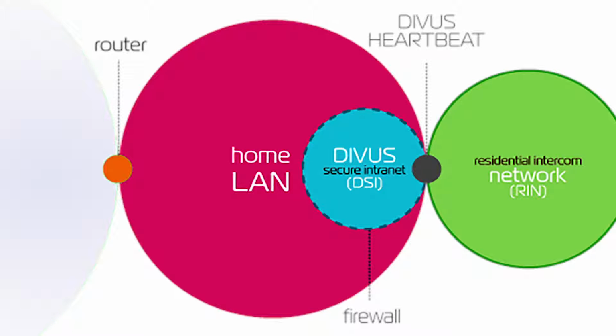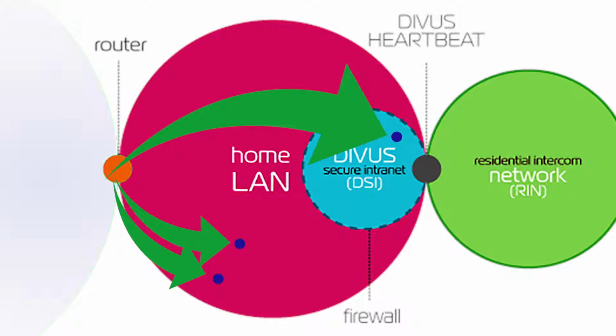For home LAN, there are also a few special features that are interesting. The first one is that home LAN and DSI are in the same network. This means that an internet router, which operates internally as a DHCP server, will distribute its addresses to mobile phones, laptops, as well as to DIVUS touch zones or DIVUS superiors.